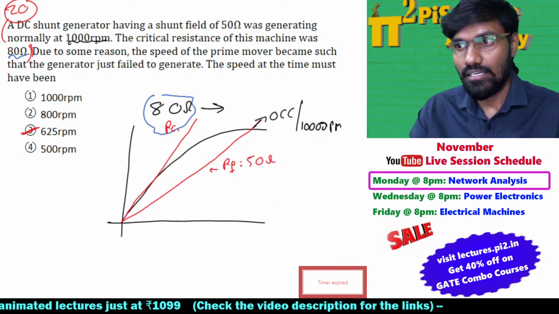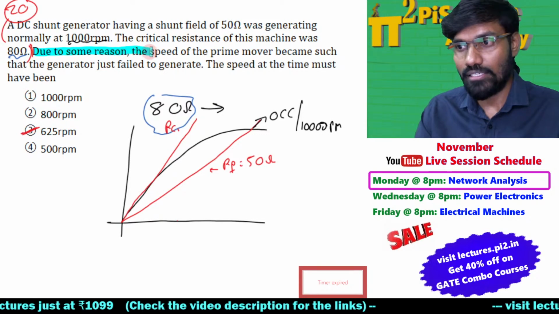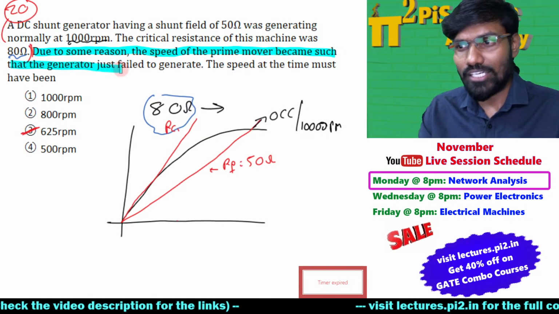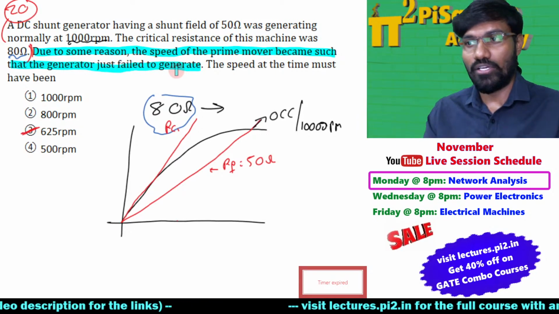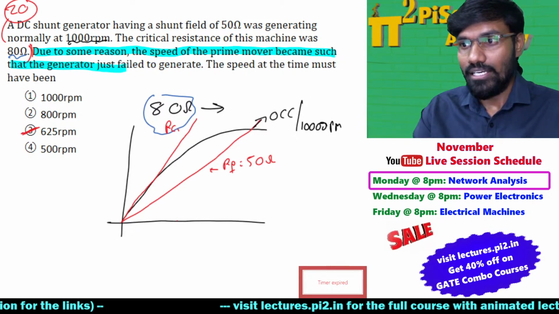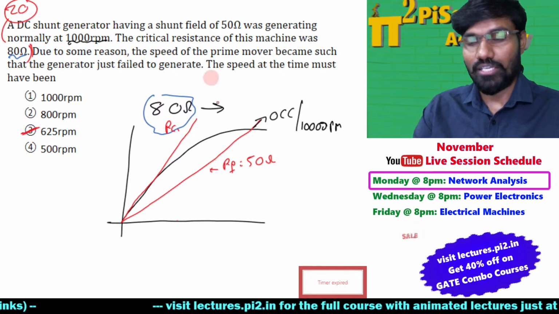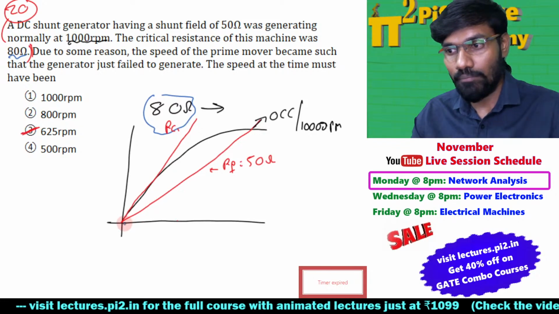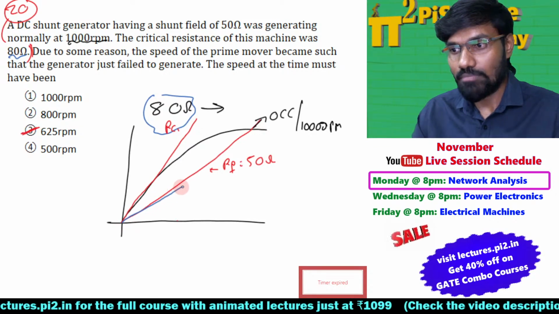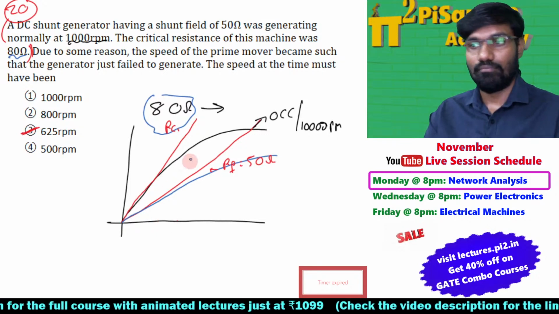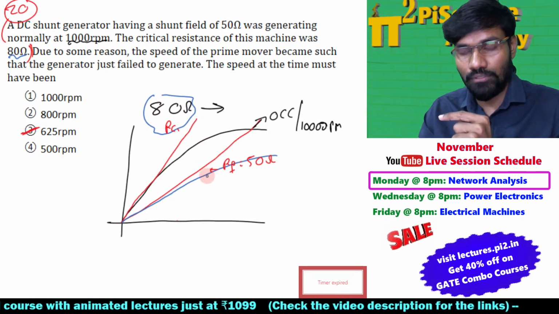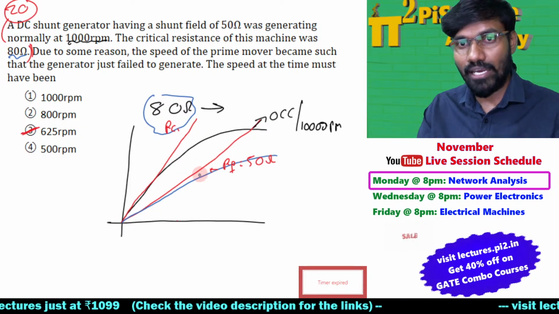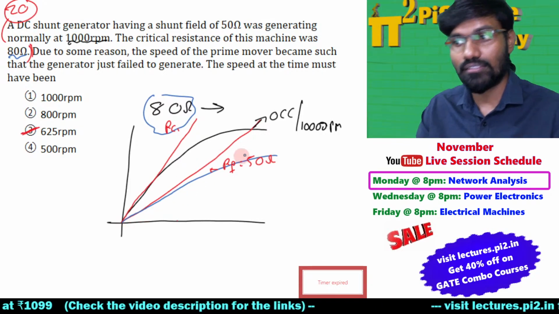Now, let us understand further. Due to some reason, the speed of the prime mover has become such that the generator just failed to generate. Means the new speed has come down so that this RF line has become tangent to this.